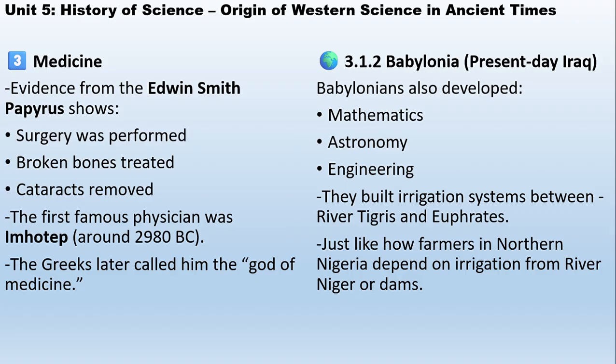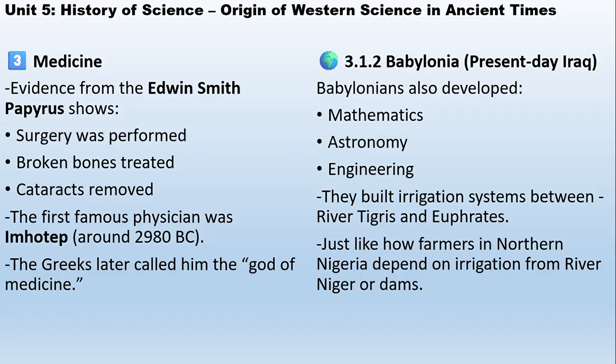So the first famous physician was Imhotep. Then it was called physician, nothing like doctor then. The first famous physician was Imhotep, and that was around 2980 BC. The Greeks later called him the god of medicine.